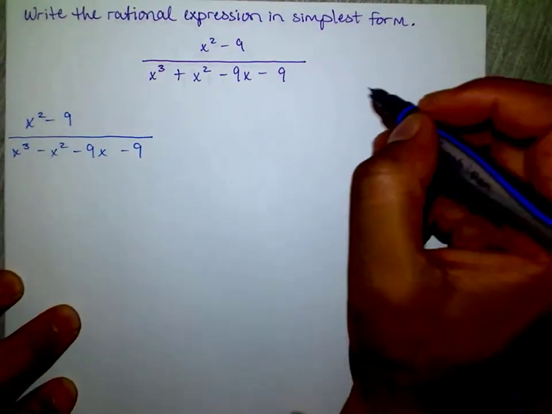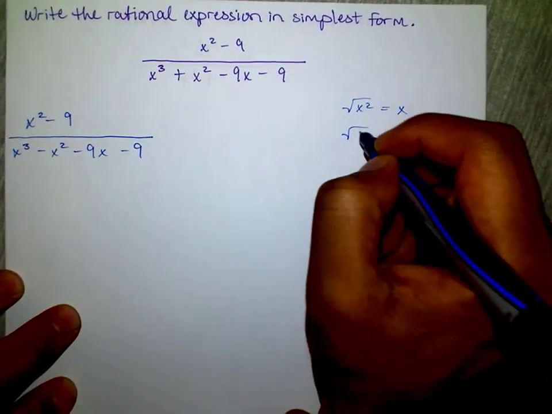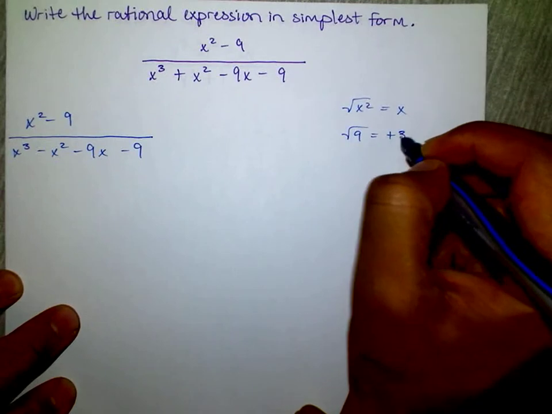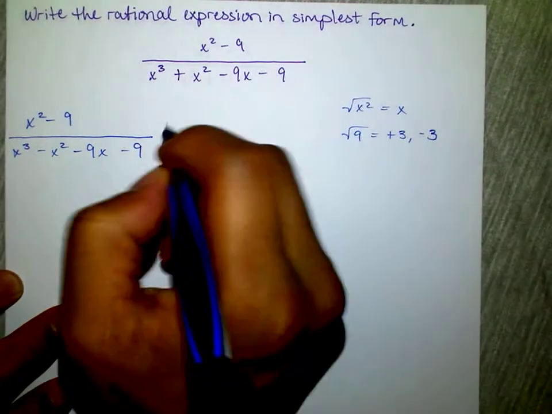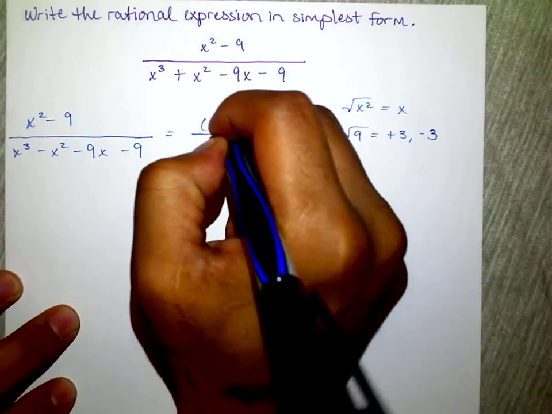Alright, difference of squares. Remember, when we're doing difference of squares, we're going to take the square root. So that's x plus 3 and x minus 3 on the top.